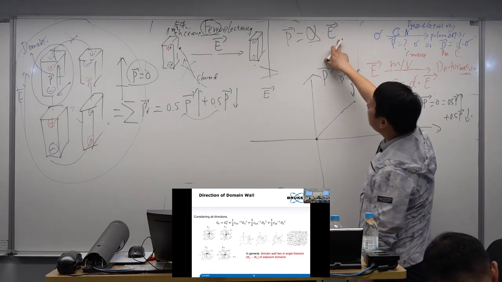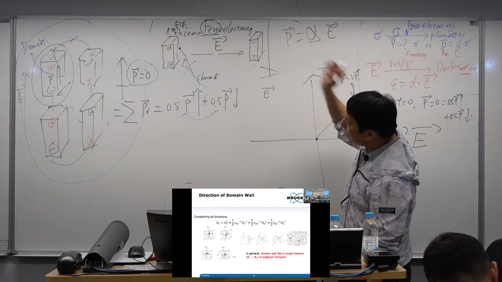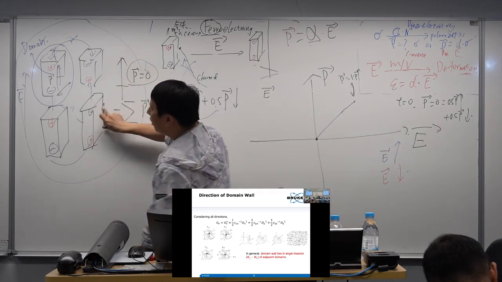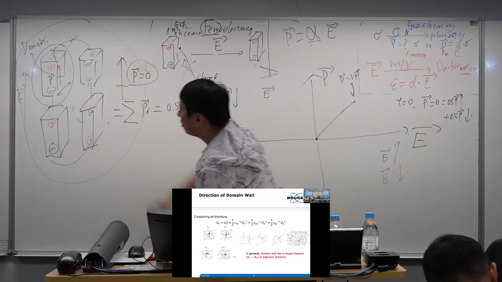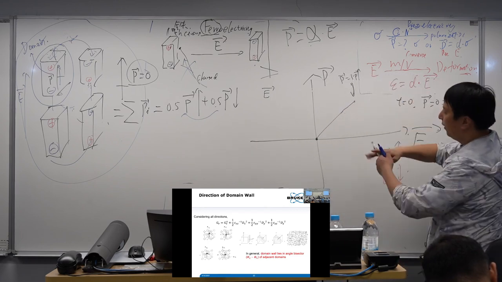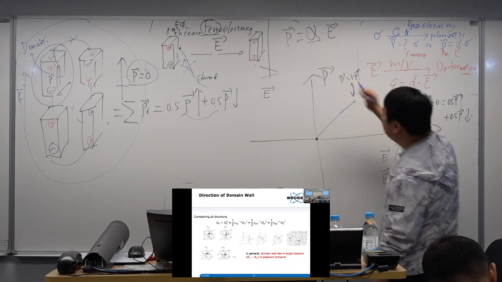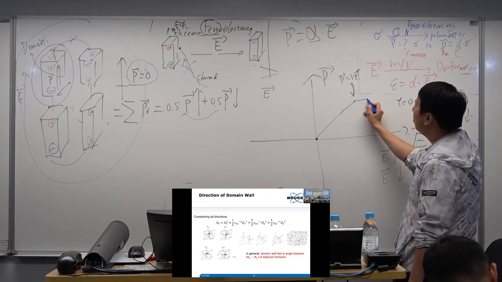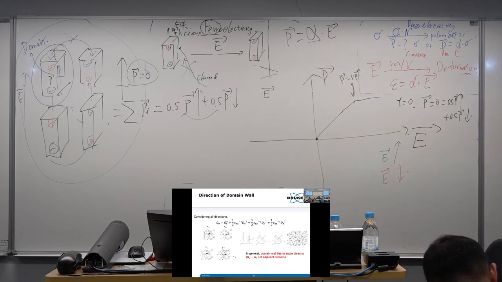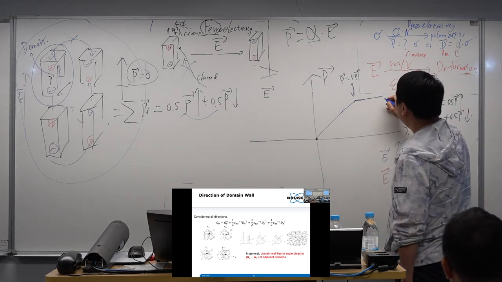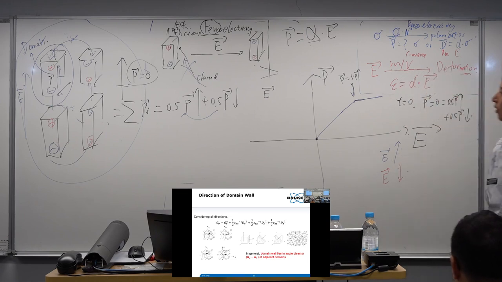So we increase the E, the P will slightly increase. I slightly stretch the crystal. So the polarization will still increase against the E, but quite slowly. Okay, so I increase the E at this certain point.